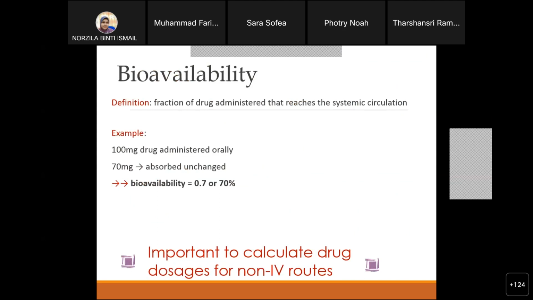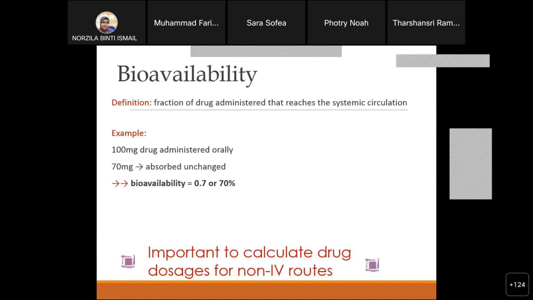Example, we have 100 milligram drug administered orally, and then we found that only 70 milligram of drug is absorbed unchanged. We know this by measuring the drug inside the blood that we draw. We draw the blood and then we measure the concentration of the drug inside the blood. So we know it is 70 milligram. So we can calculate here the bioavailability is only 70%, or 0.7.